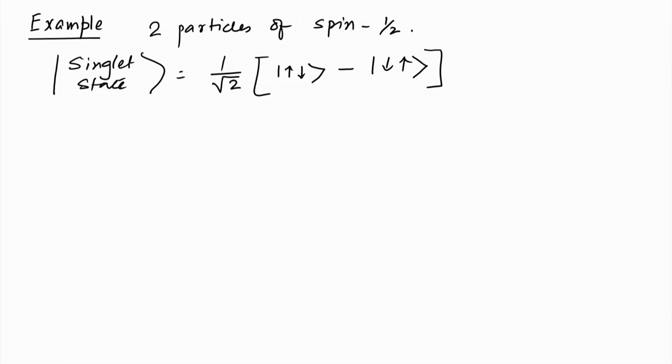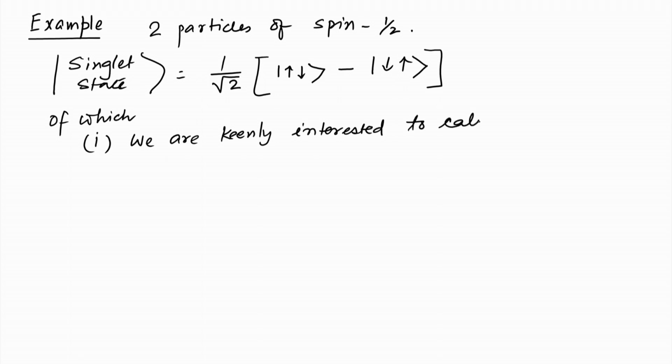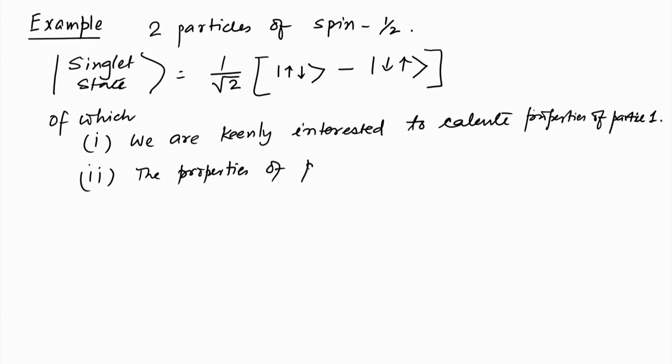Now, say that of the two particles, we are keenly interested to know the properties of particle 1, and the properties of particle 2 cannot be measured for a number of reasons.